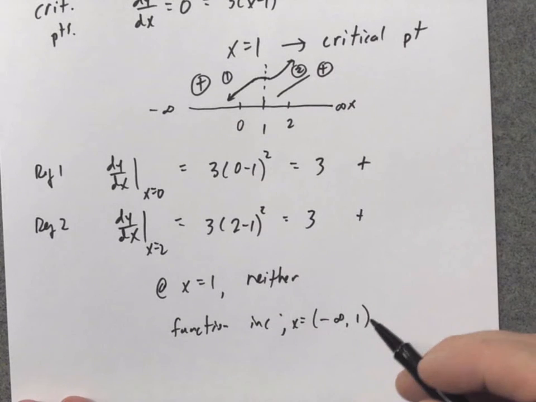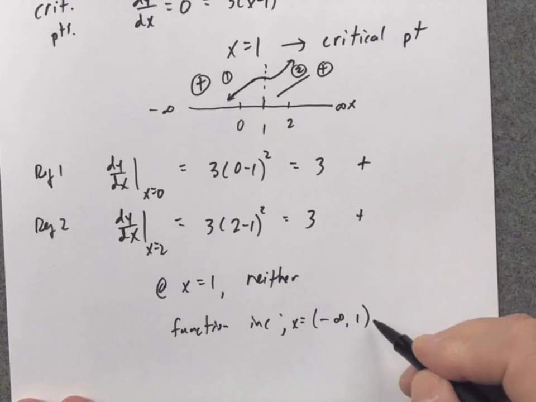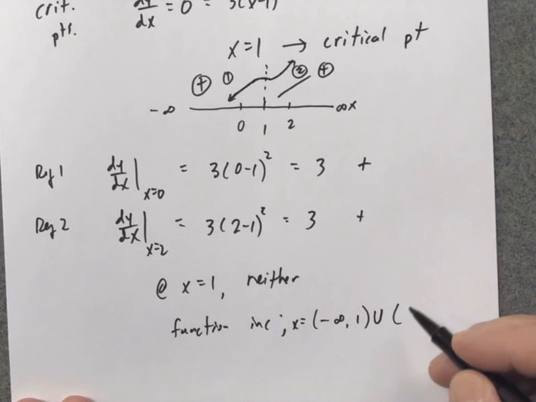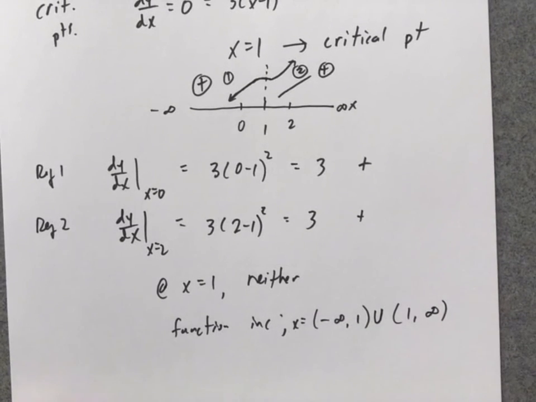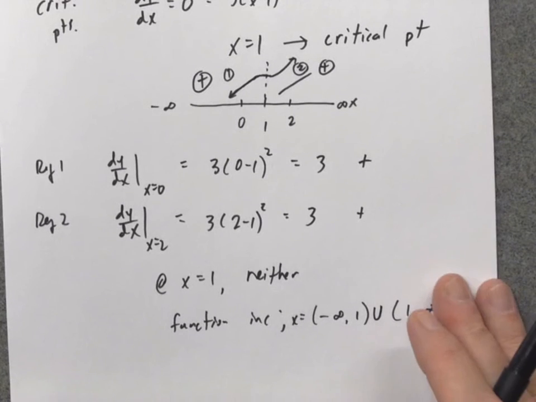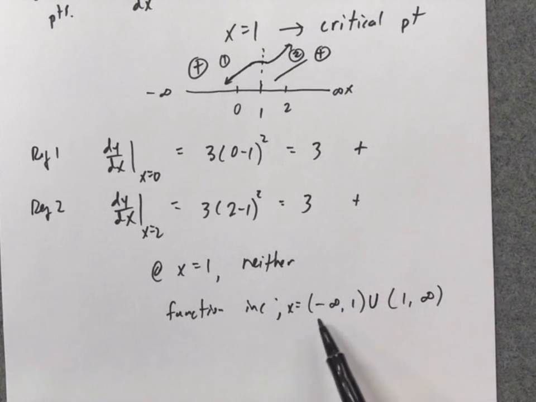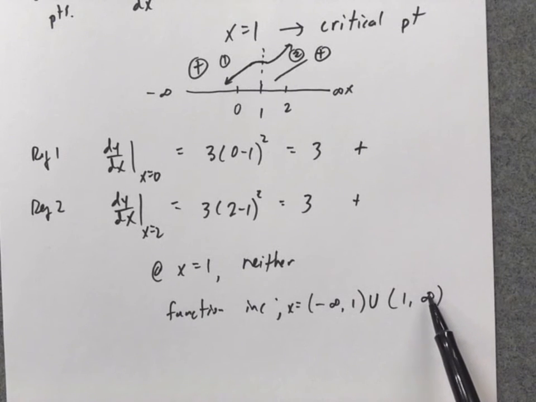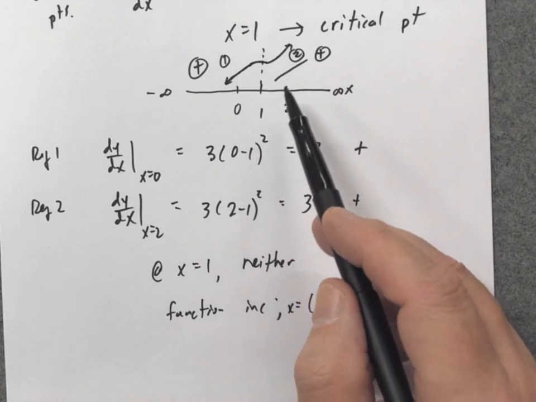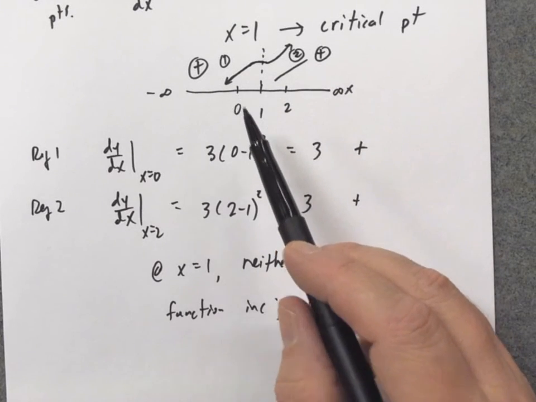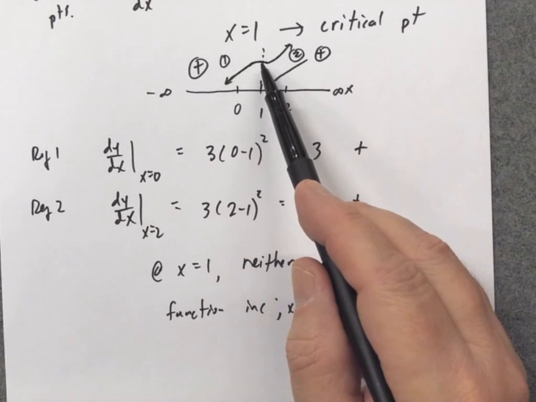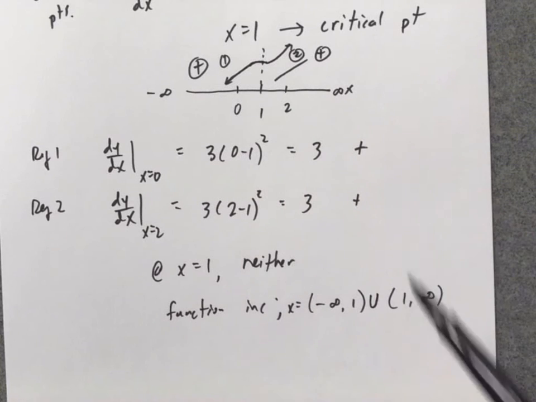Sometimes when you have two different intervals, they like to union them together, and then you put the second interval. So this says, where's the function increasing? When x is between negative infinity and 1, and also from 1 to infinity. So really the only place on this graph where the function is not increasing is right when x is 1, where it levels off. Other than that, it's always going up.